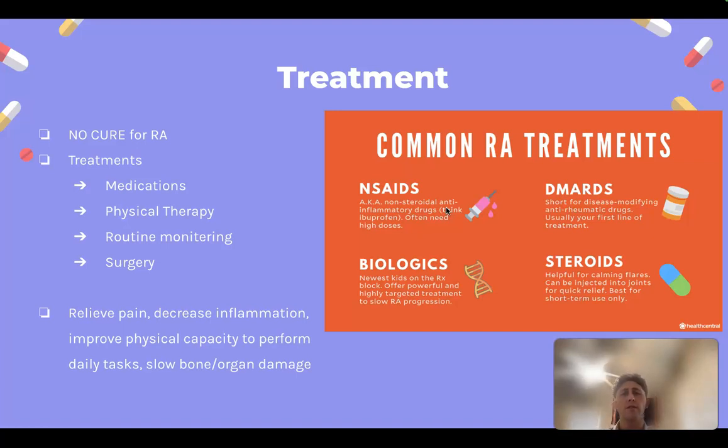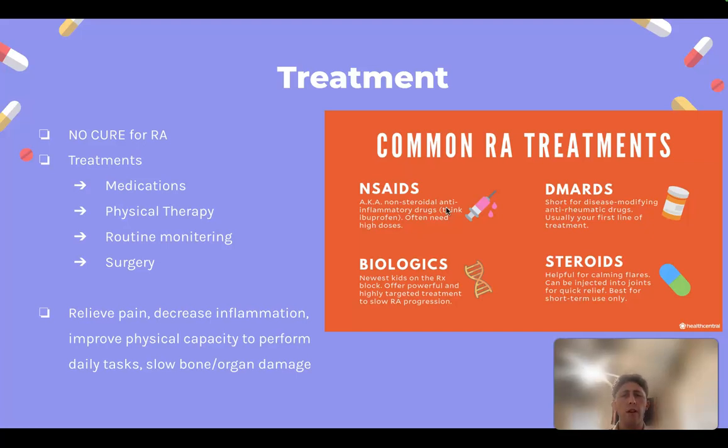Outside of medication, you can get physical therapy, which helps you strengthen the muscles surrounding your joints, as well as increase your mobility, which can heavily decrease when you have joint pain. So physical therapy helps relieve some of that pain as well as strengthen your overall muscles and increase mobility. And physicians will typically monitor these various treatments and see if you're improving or not improving over the course of weeks and months.